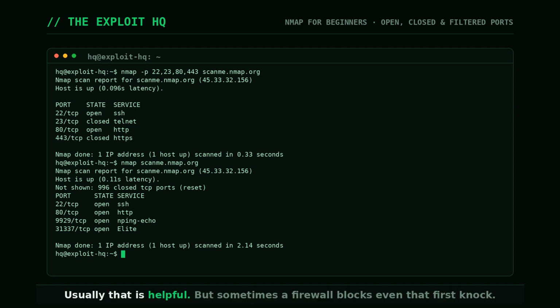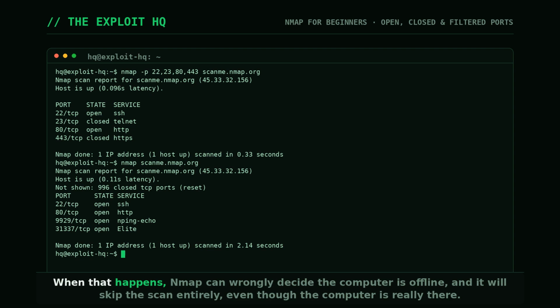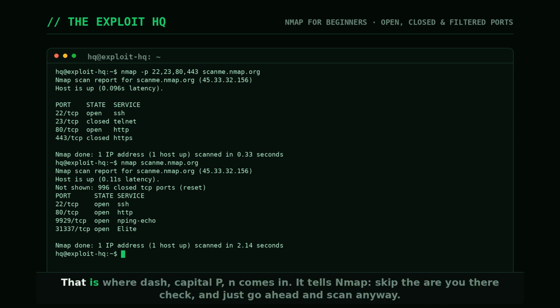Usually that is helpful, but sometimes a firewall blocks even that first knock. When that happens, Nmap can wrongly decide the computer is offline, and it will skip the scan entirely, even though the computer is really there. That is where capital P N comes in. It tells Nmap, skip the "Are you there?" check and just go ahead and scan anyway.